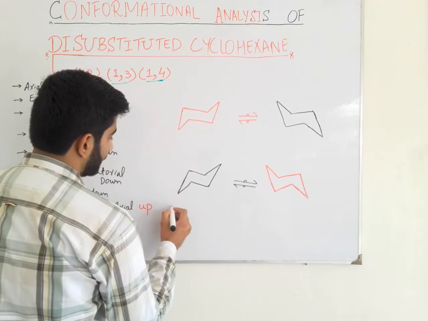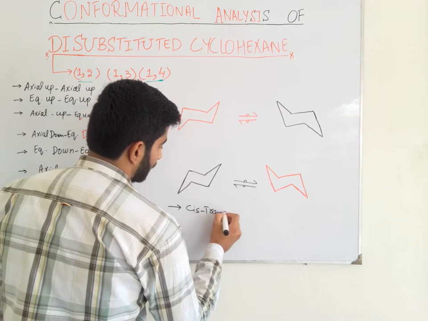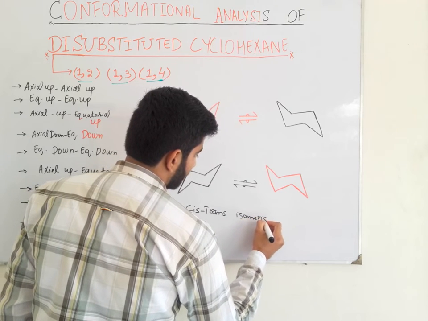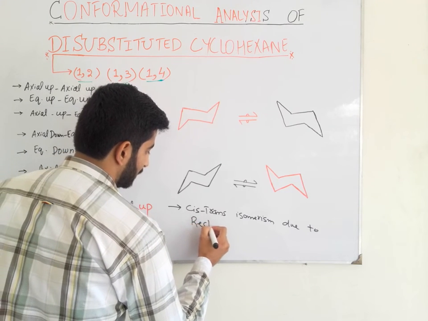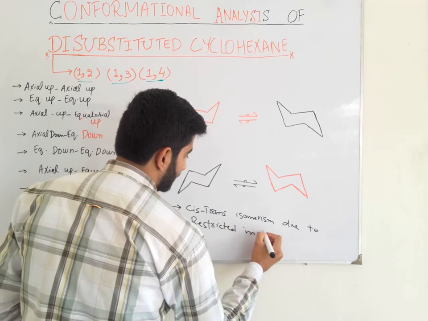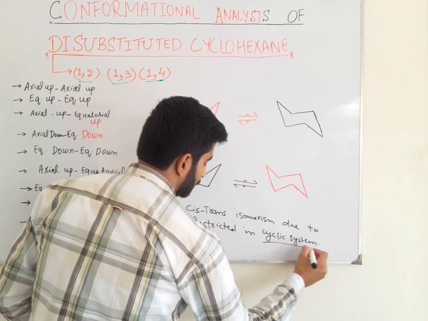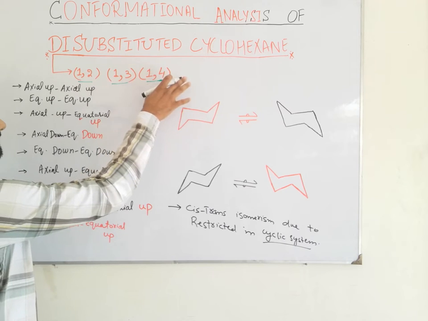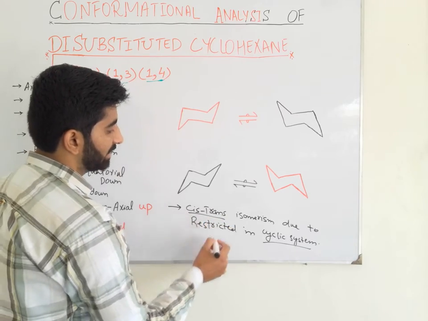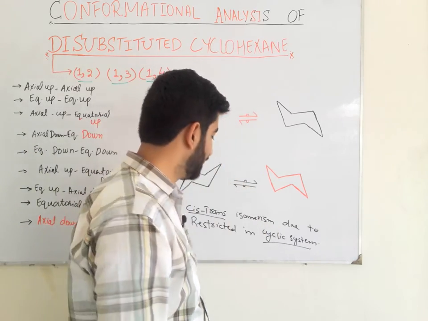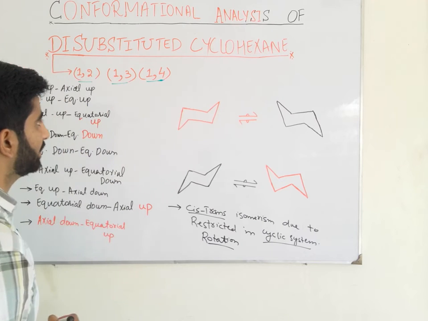So the disubstituted cyclohexanes also show cis-trans isomerism. 1,2-disubstituted cyclohexane, 1,3-disubstituted cyclohexane, and 1,4-disubstituted cyclohexane show cis-trans isomerism due to restricted rotation in a cyclic system. So how do we assign them as cis or trans isomers?